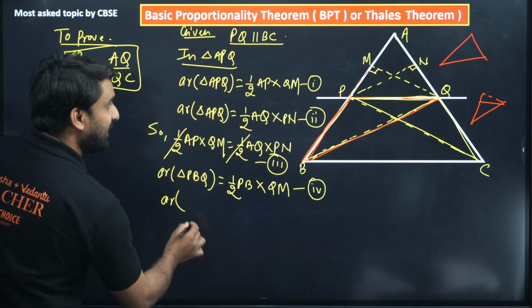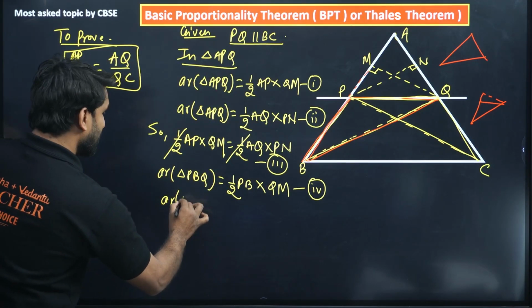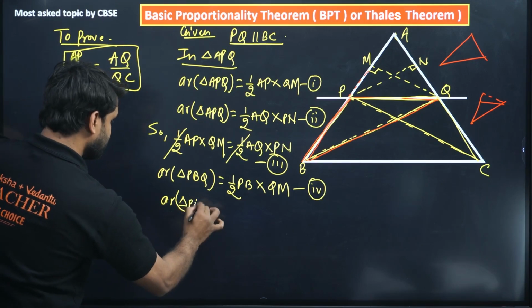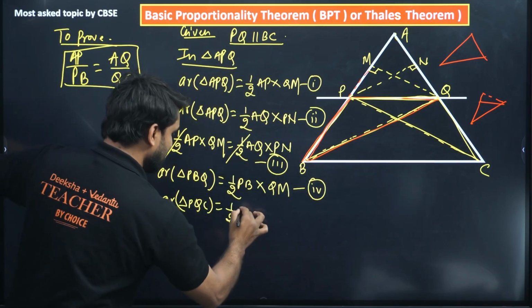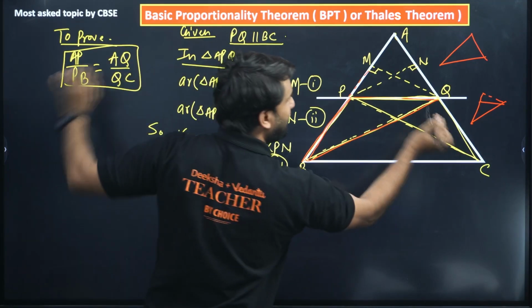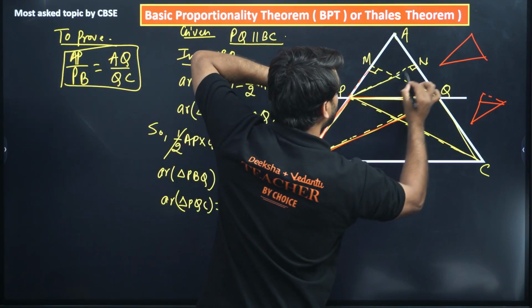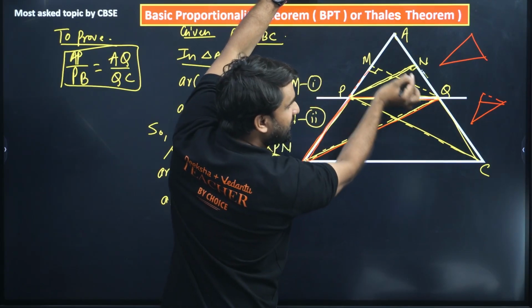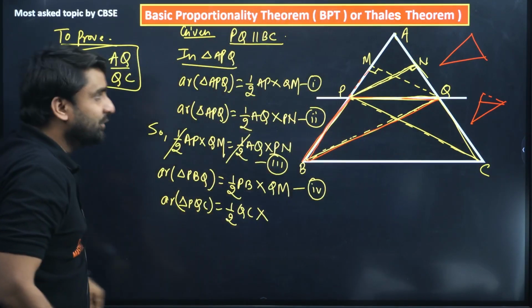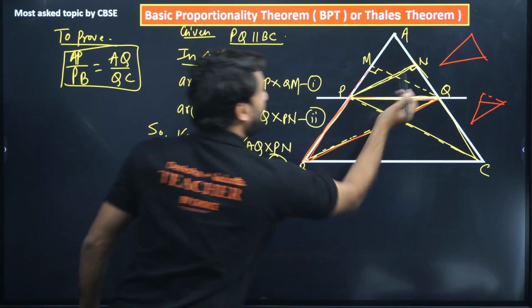So the area of triangle PQC will be equal to half, and base, we are taking base as QC. And the height will be, what will be the height? Yes, this will be the height, because this side is going in this way. For QC side, the height will be PN.